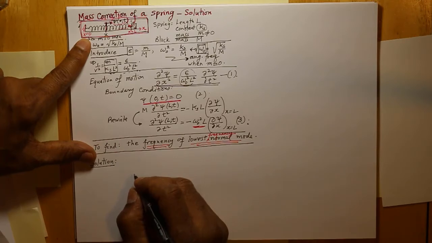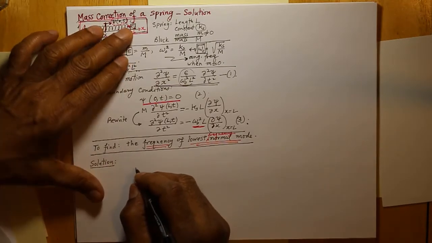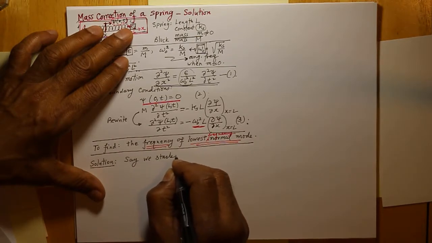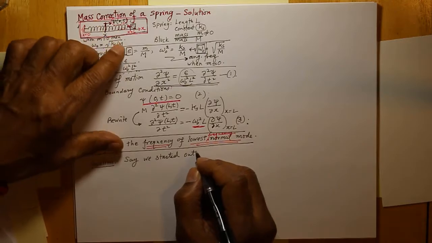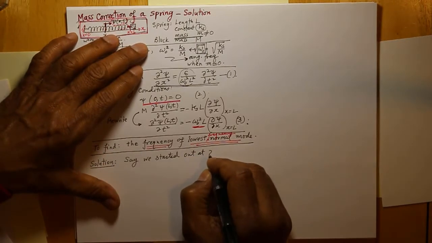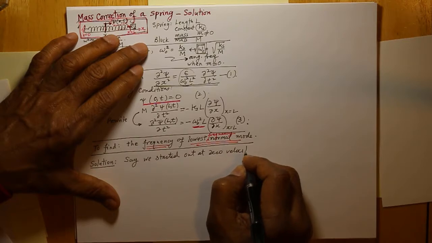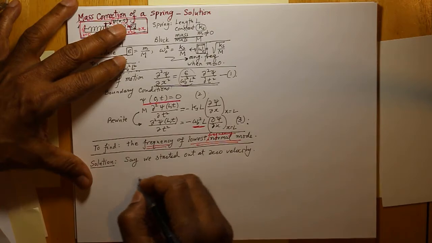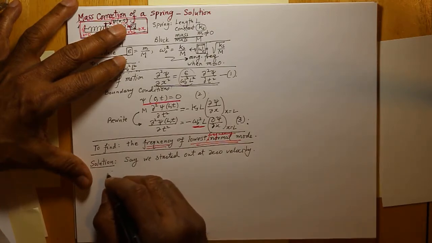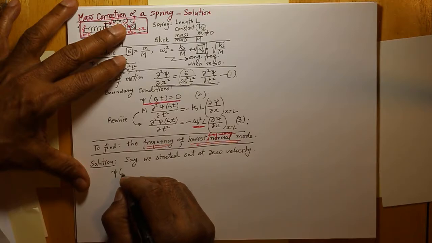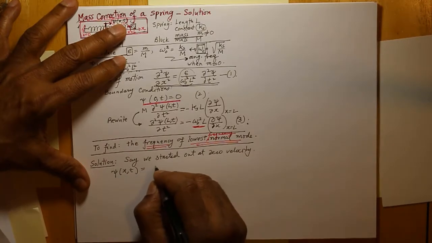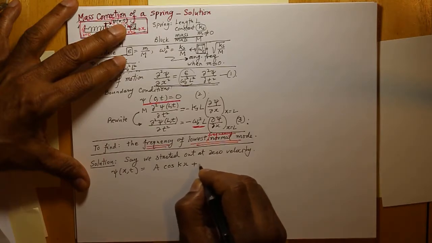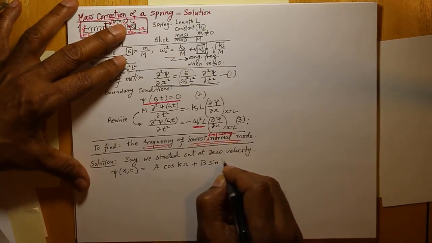In that case, we'll say we pull the block and it started out at 0 velocity. Then I don't need to have a phase constant that goes with omega t. So the solution psi of x,t will look like a cosine kx plus b sine kx.